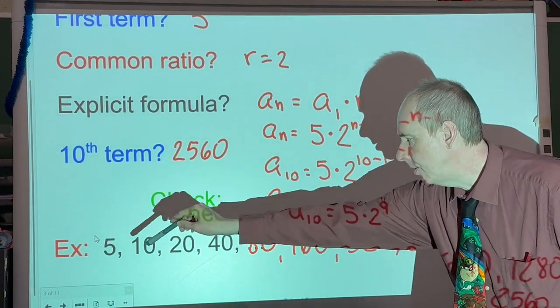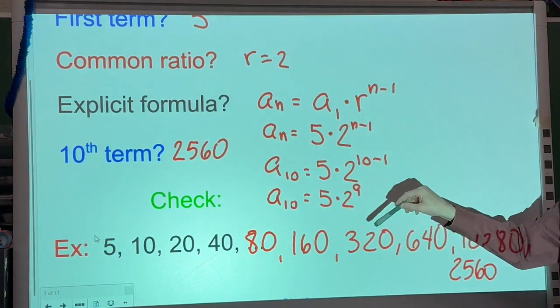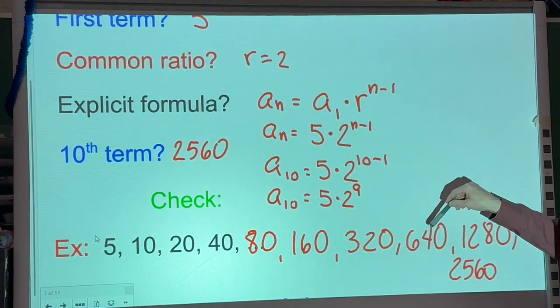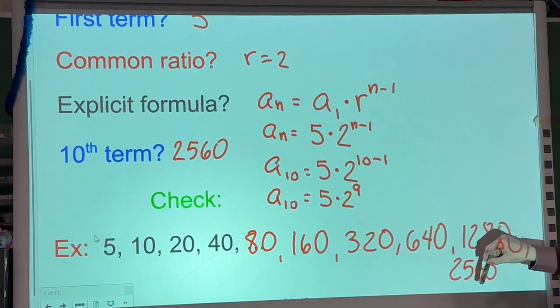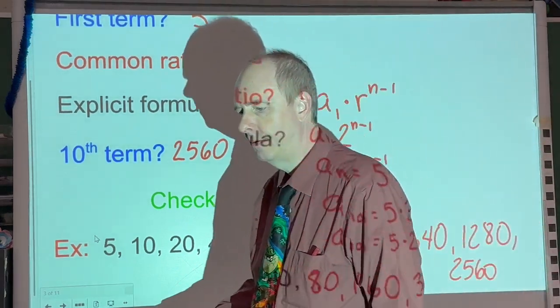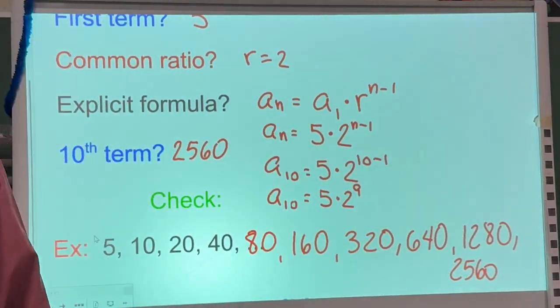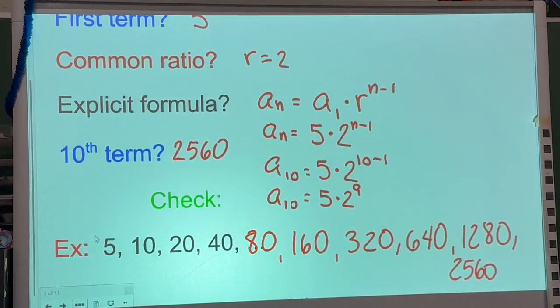Term number 1, 2, 3, 4, 5, 6, 7, 8, 9, 10. There it is. Proof. We just multiply by 2, multiply by 2, multiply by 2 every time.